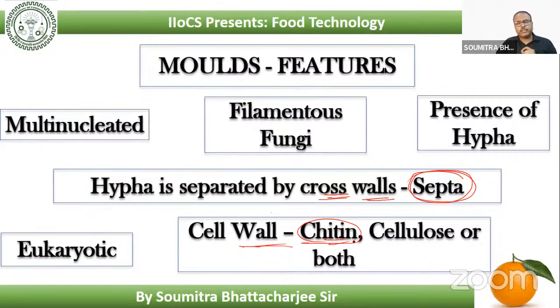So chitin is always the polymer of NAG, or N-acetyl glucosamine, and the cell wall consists of chitin, cellulose, or both components.